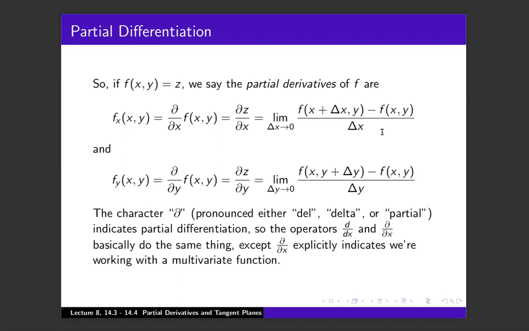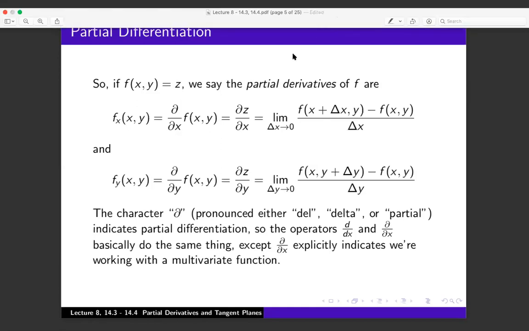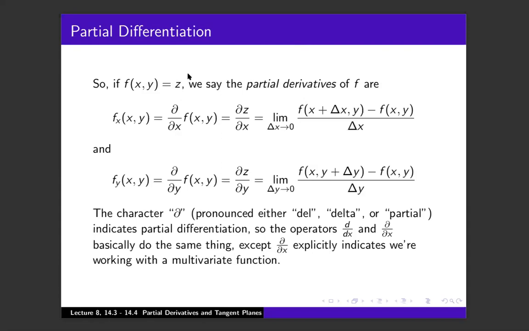Now, there are a couple different pieces of notation we're introducing here. We can say that the partial derivative with respect to x can be written as f sub x. By the way, a little bit of vocabulary here: that's f sub x, not f of x. Let me make a little note of that.